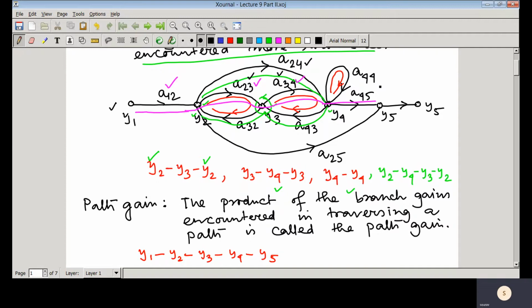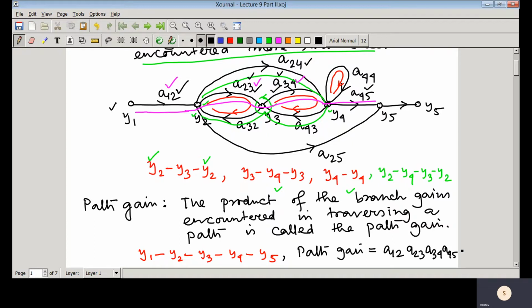So then what would be the path gain? The path gain is the product of the branch gains: a12, then a23, then a34, and a45.